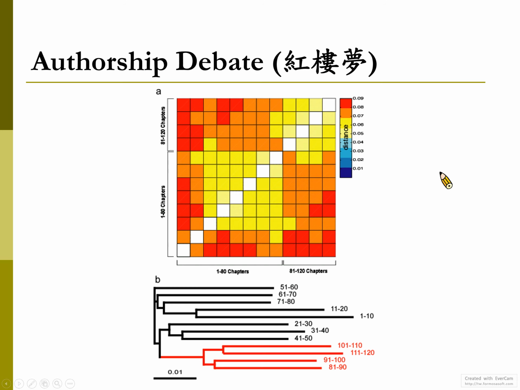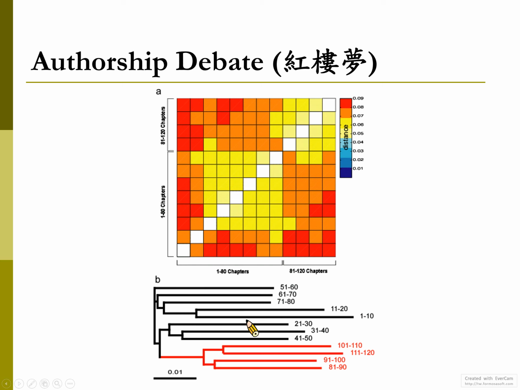For example, here you can see the comparison between the first 10 chapters and chapters 71 to 80. The red color means a larger distance, and the yellow color means a smaller distance. So we can classify this distance matrix into a clustering tree.